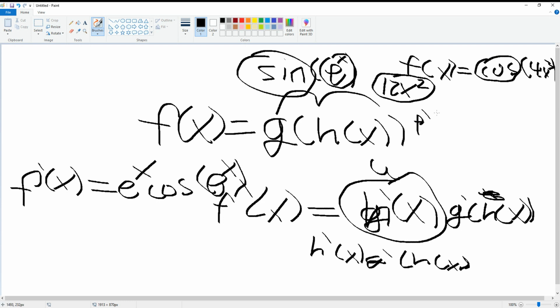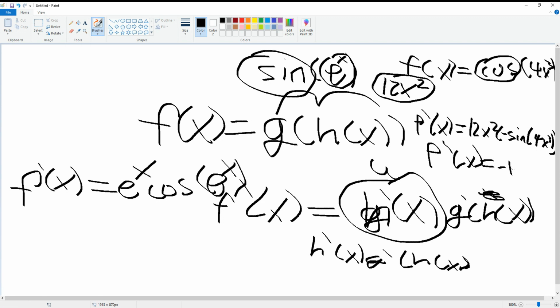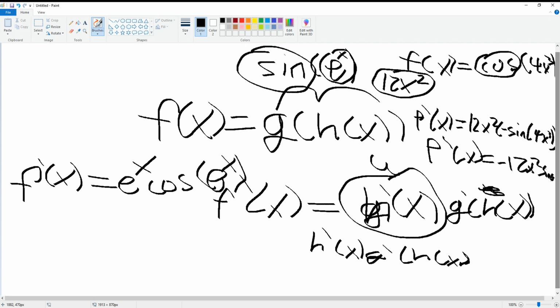So that means that f prime of x is going to be equal to 12x squared times, and just because we're multiplying it like this, I'll just put negative sine because that's the derivative of cosine, times 4x cubed. And so that means that f prime of x is going to be equal to negative 12x squared sine of 4x cubed. I can't really write it, but you heard me. It's sine of 4x cubed.